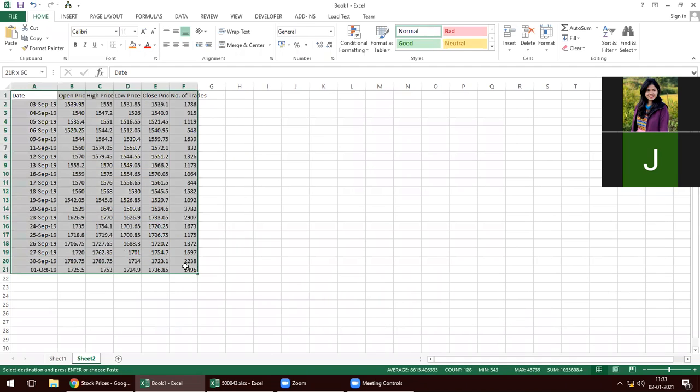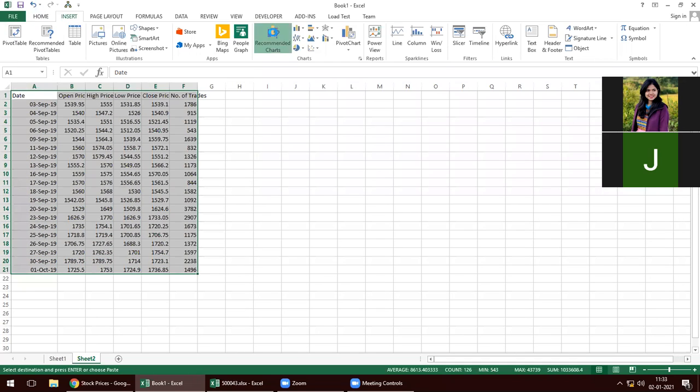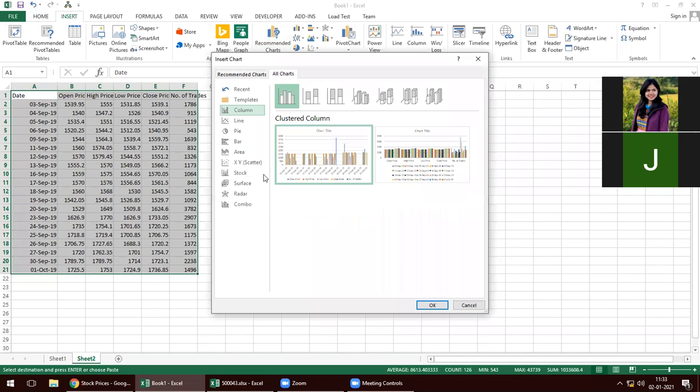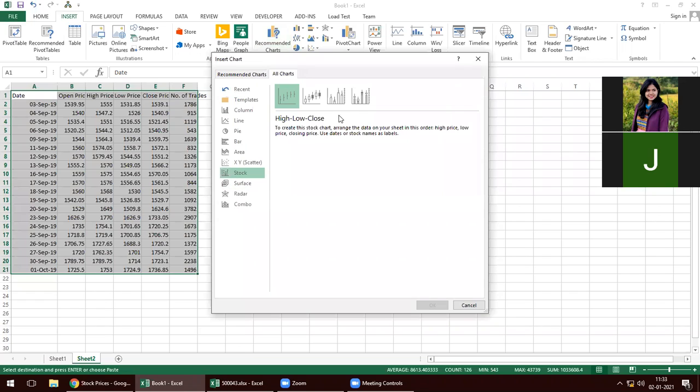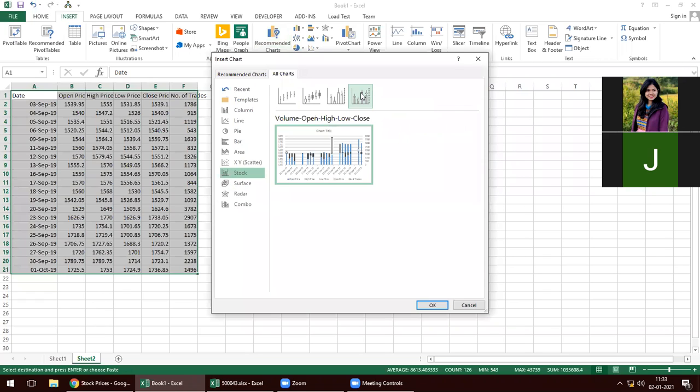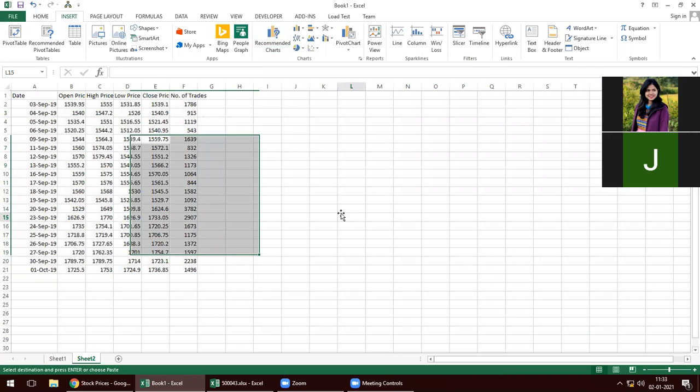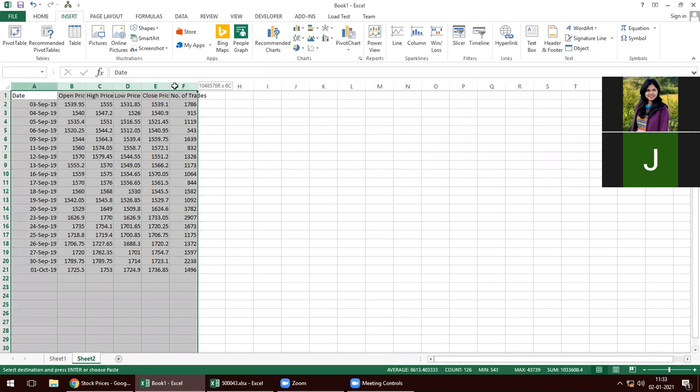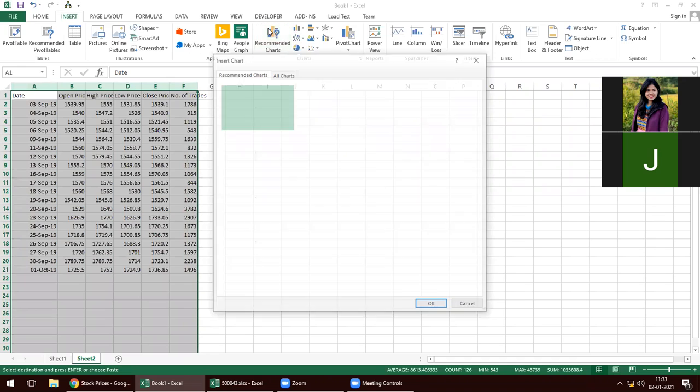You can see, don't do anything. You can go for the same: insert, recommended charts, all charts, stock. I wish to prepare it along with the volume also. If you want to prepare the volume with this chart, see that one first.